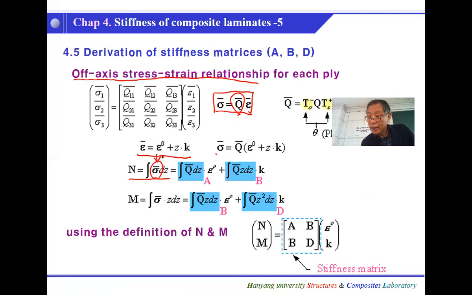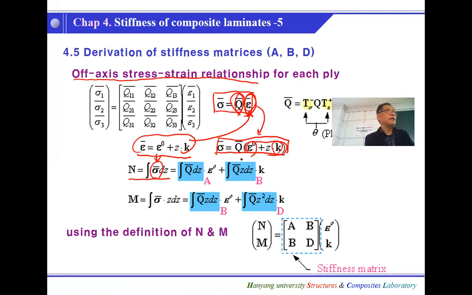And then this one, sigma bar, has the relations like that. See, epsilon bar goes like that. And so this stress is like that. So epsilon bar has the strain at each ply, but each ply strain is given by constant and linear terms.